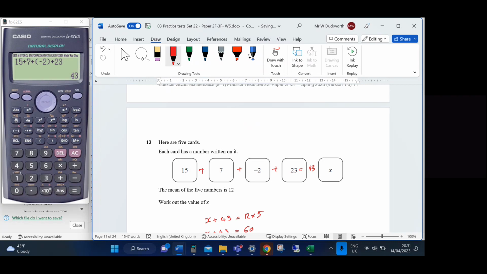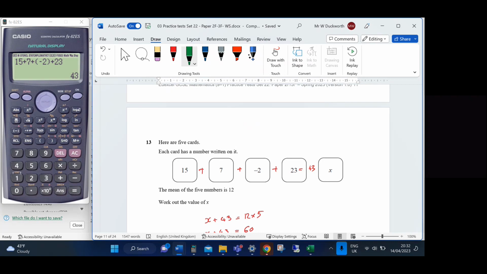So, M1 for complete method. Just looking at the mark scheme, they've virtually written the same thing twice.